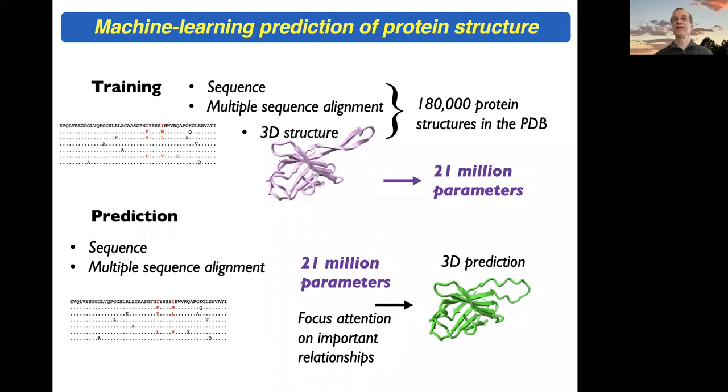Notice that the prediction is not exactly the same as the structure. This particular structure we're going to see throughout this presentation, and you'll see how all these things work generally with respect to this particular structure.